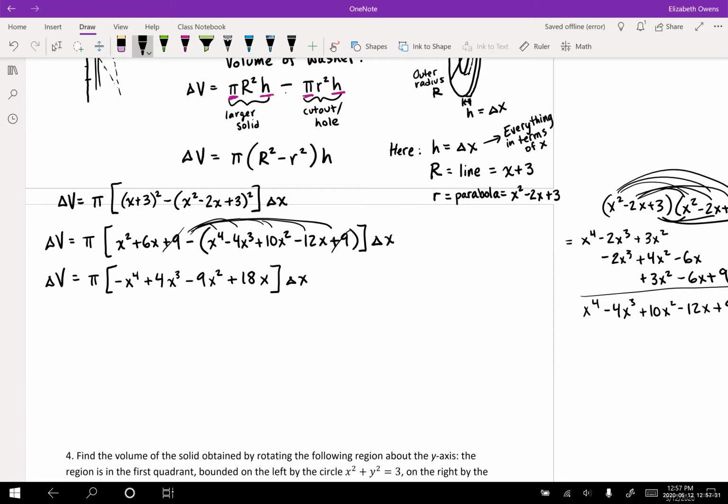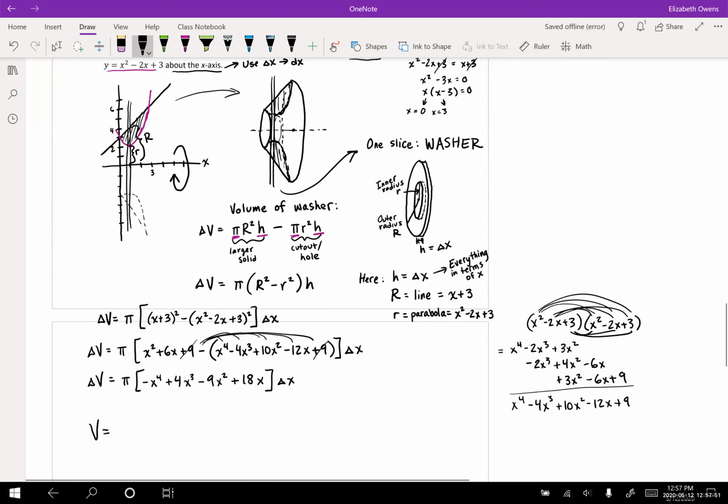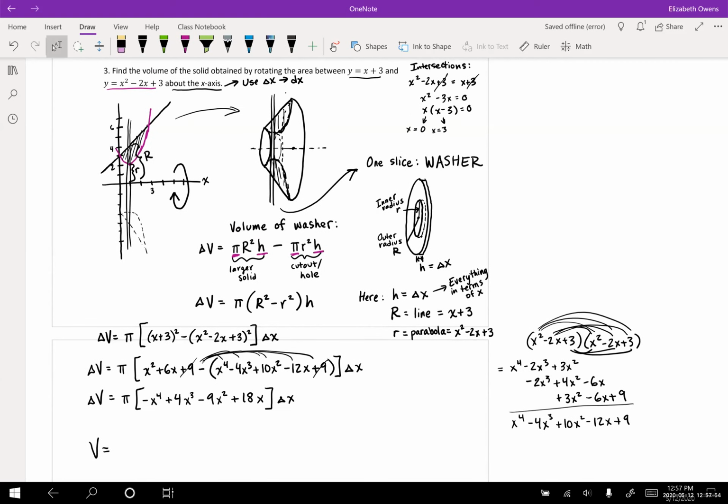That's the thing that we're going to be integrating. It does take a little doing to get to that point, but at least the integral is just going to be doing power rule in reverse, so there's nothing too nutso there. Let's check out our limits of integration as well.